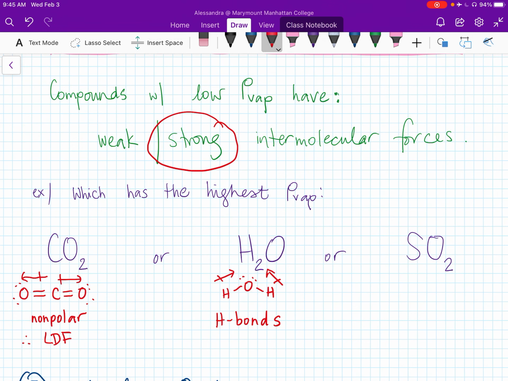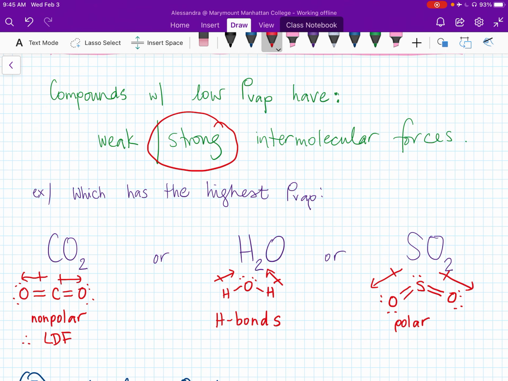Finally, sulfur dioxide. We have to draw the Lewis structure. You can review how to draw Lewis structures if you need to, because this is crucial to telling whether a compound is going to be bent or not. Now, sulfur dioxide, that sulfur has 6 electrons associated with it. Sulfur dioxide is going to have bond dipoles. And because of its bent structure, it is definitely polar.